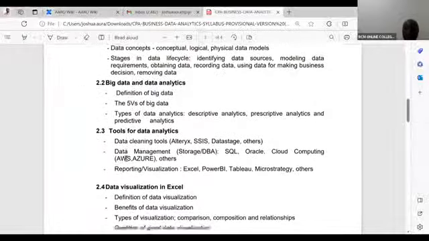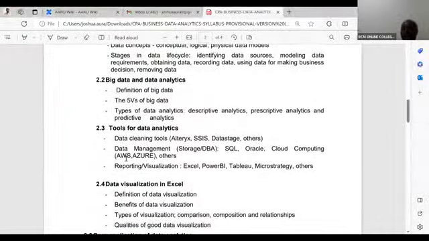Great. And then we have, in this case, tools for data analytics. So we have what we call the data cleaning tools. Data cleaning tools, we have the famous Alteryx, we have the C's, DataStage, and then we have others. Very many, really. There are very, very many you can use to clean data.